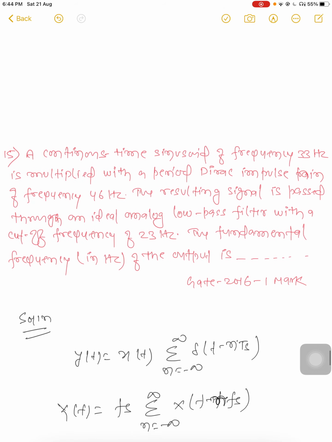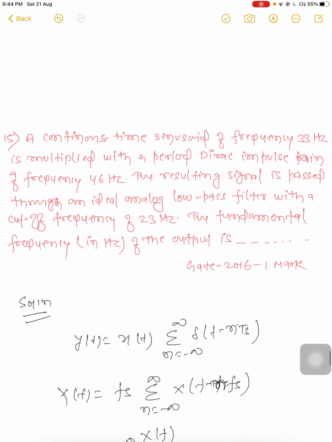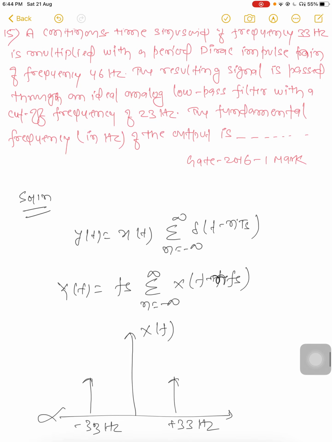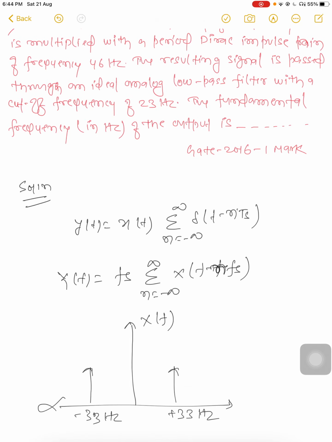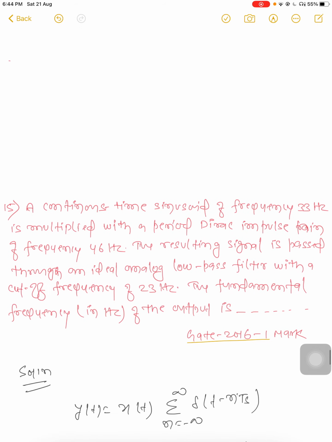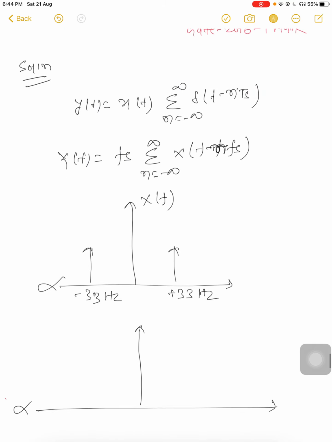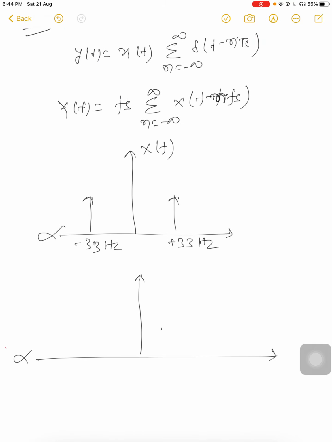Here yf has 33 and here is 46, as given.